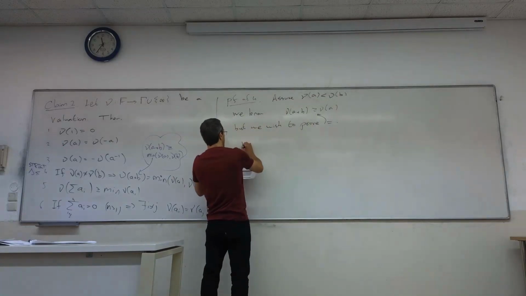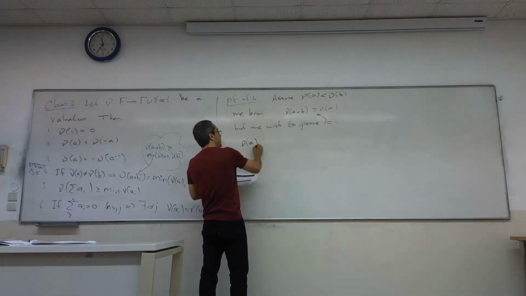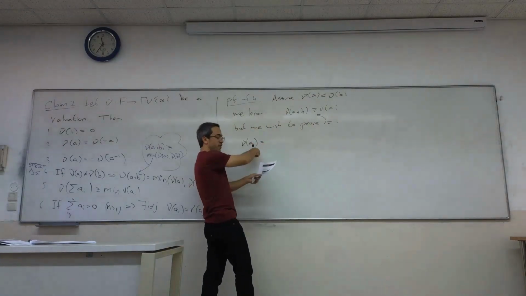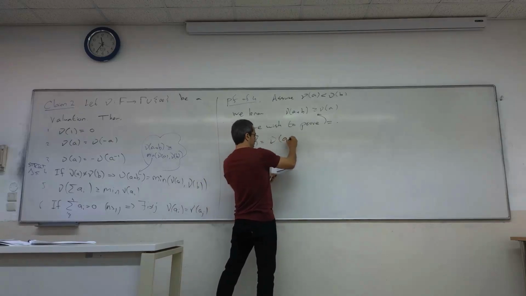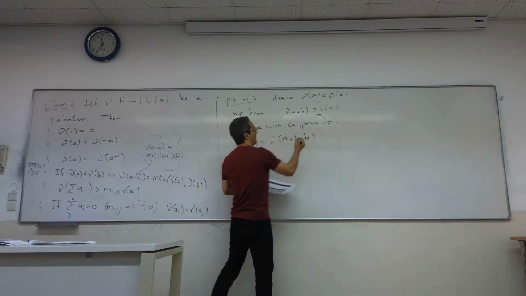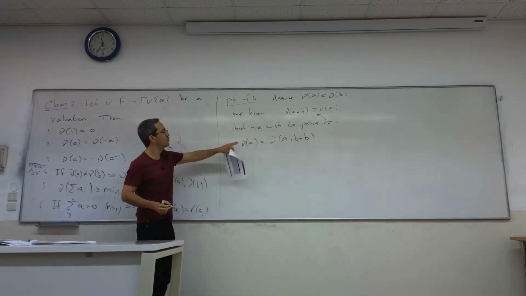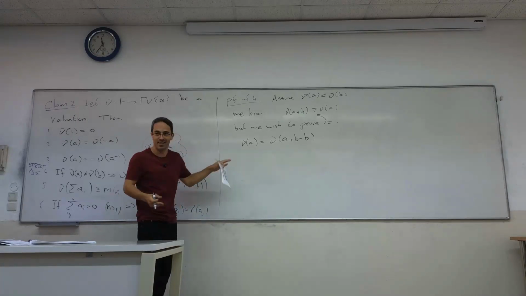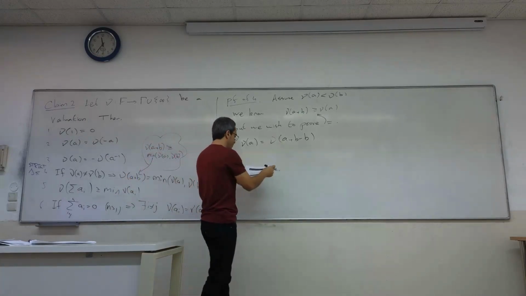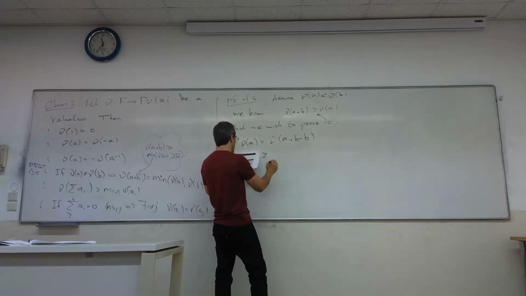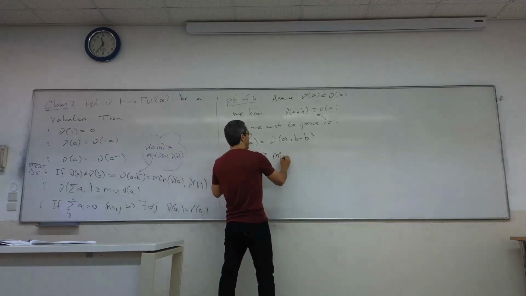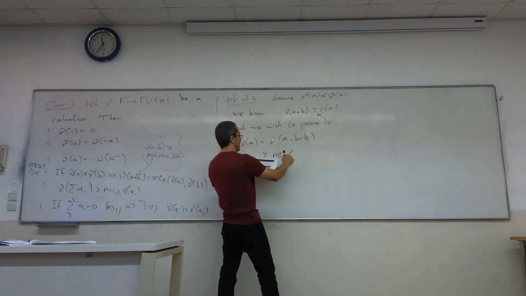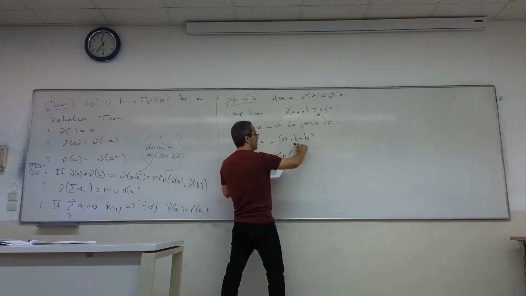So the only thing you really can do is the following. You look at V of A, and you do this hybrid argument. Look at this element, because you want to see A plus B. You can cook it up like that. And by the triangle inequality, you know that that's at least the minimum between V of this and V of that.